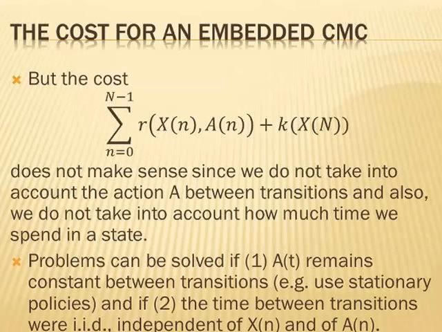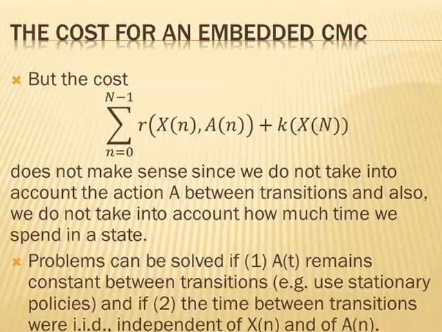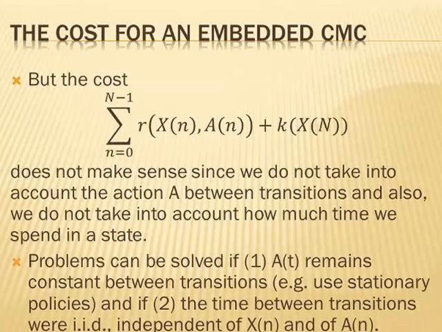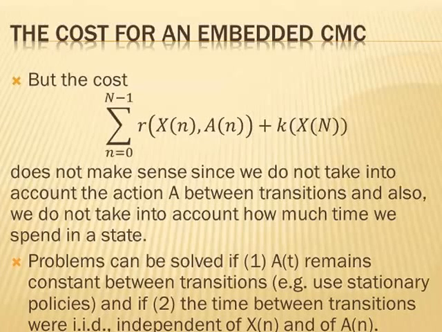Now, the second problem was that at different states we might stay during longer or shorter times than in others. This problem would not exist if the times were independent of the state and of the action. So if the times were IID, if they had the same distribution and were independent of Xn and of An.